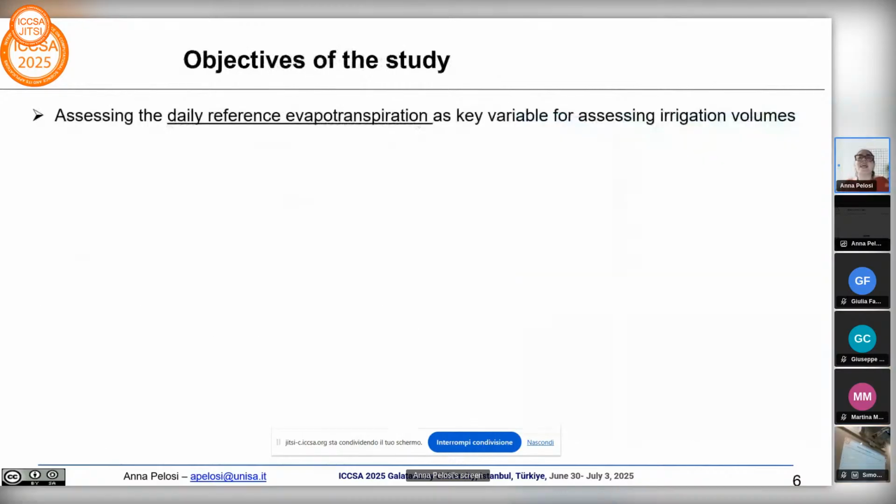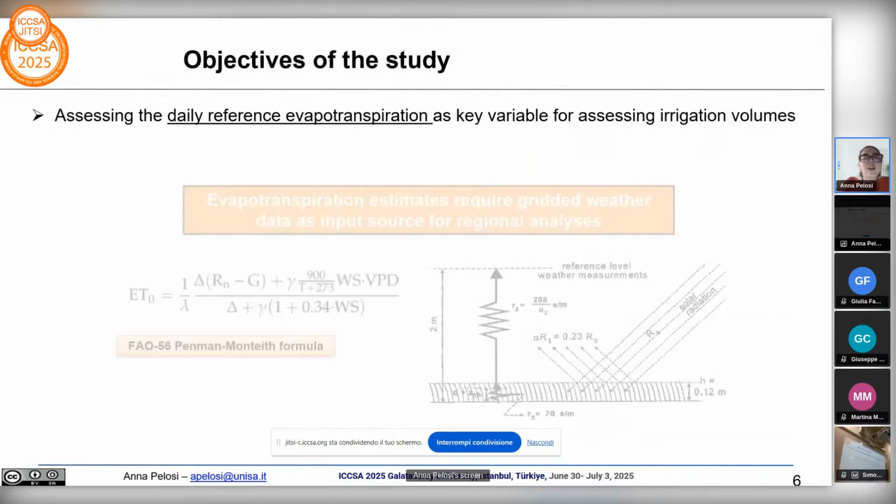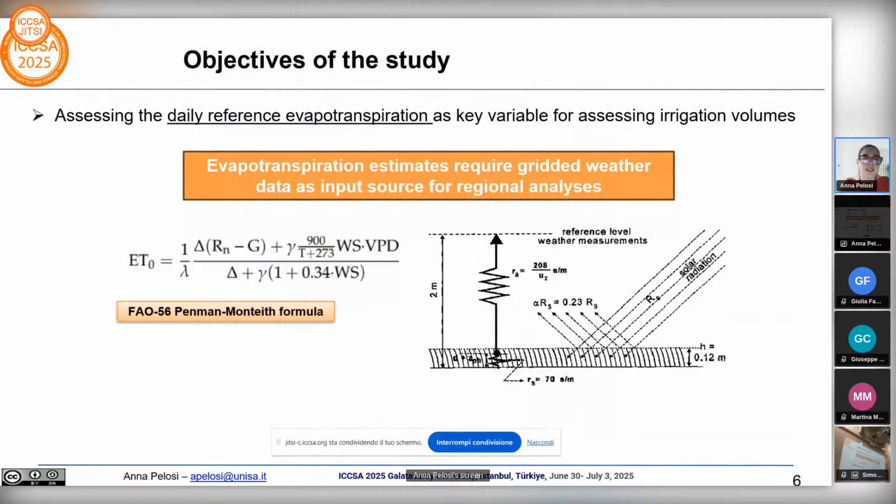Of course, this study is an intermediate result with the objective to assess the daily reference evapotranspiration, and in particular we have used the Penman-Monteith formulation, which is a kind of standard also proposed by the Food and Agriculture Organization.